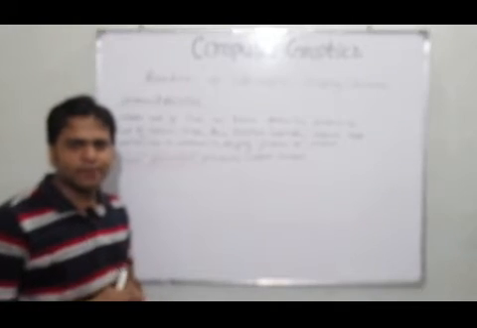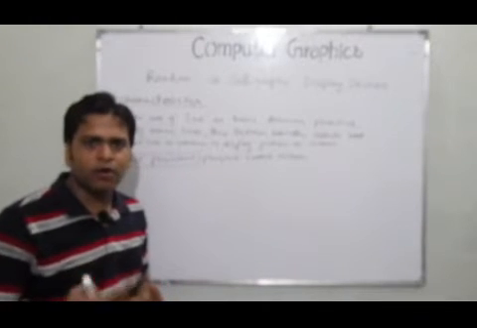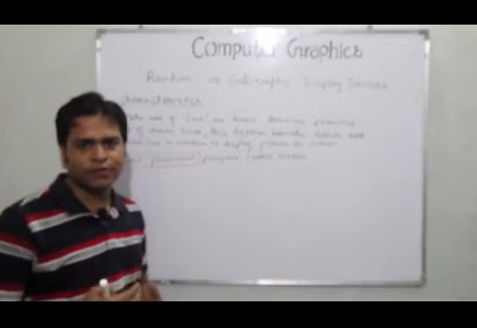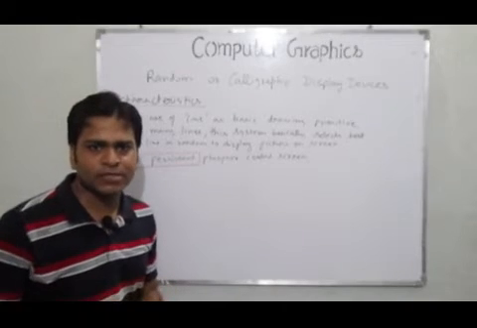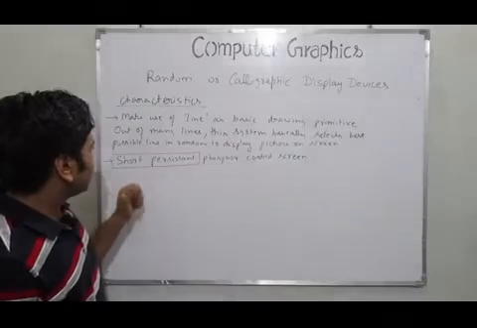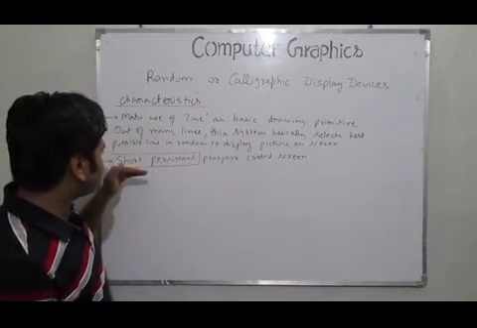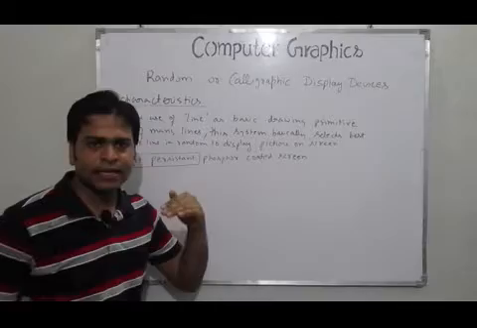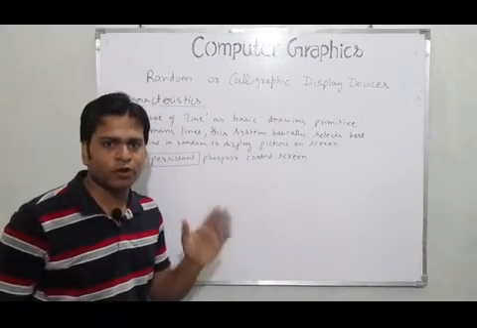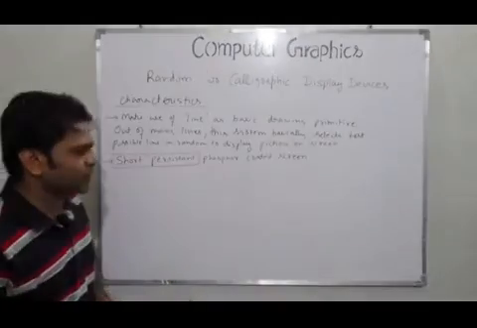In DVST, we had discussed that the electron glows for a longer period on the screen once the electron gun is removed. So the picture in DVST has the capability to sustain on the screen for a longer period, but this is not the case in the random display device.